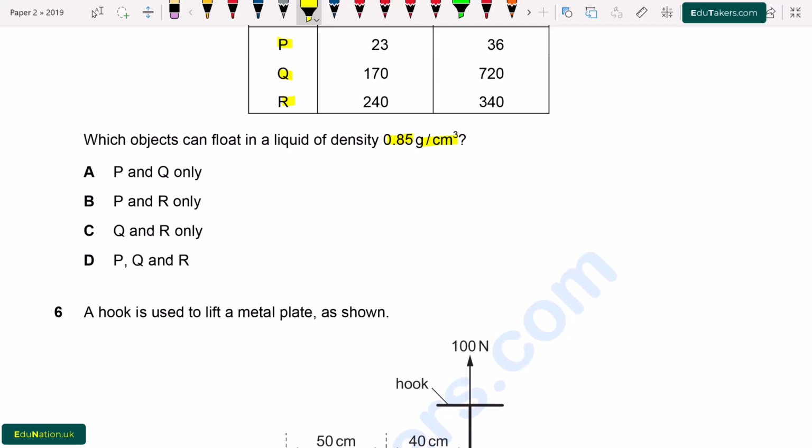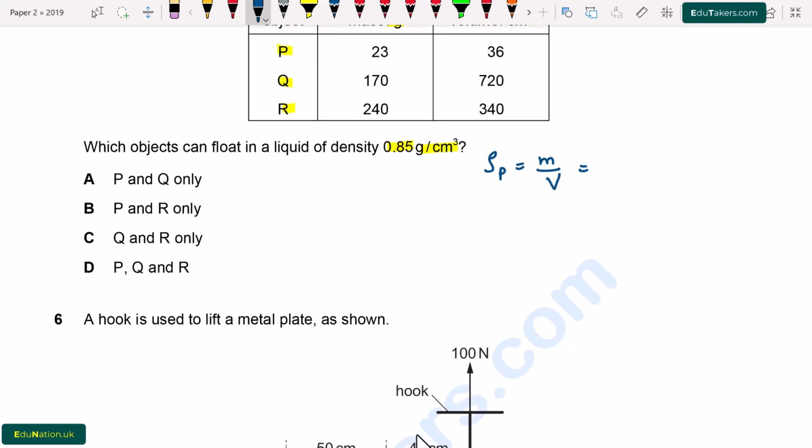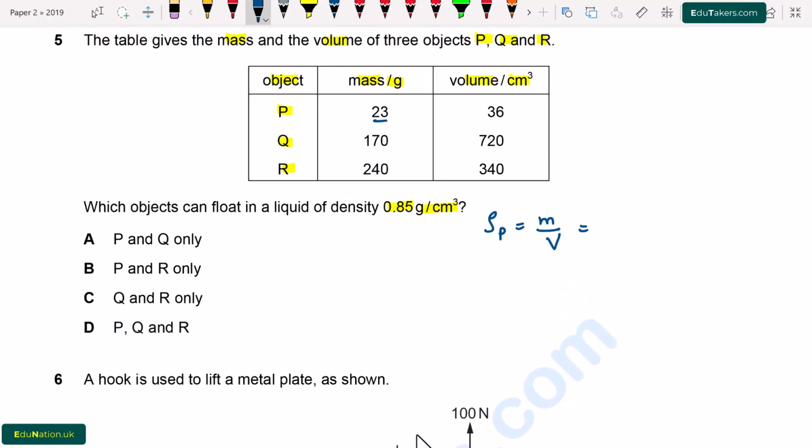First of all, we find out the density for all of these objects. So I write here, density for the object P is equal to mass over volume, where mass is given 23 gram and volume is 36 cubic centimeter.